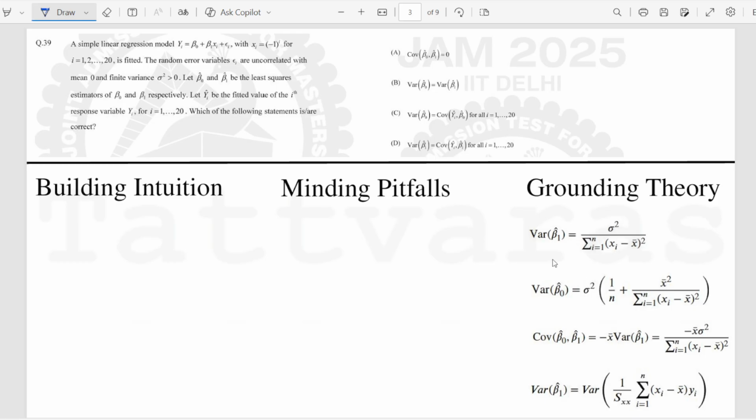Knowing that the variance of the estimator for the slope parameter is of this form, the variance of the intercept estimator has this, and the covariance of both of them has this structure. Having this knowledge is sufficient.